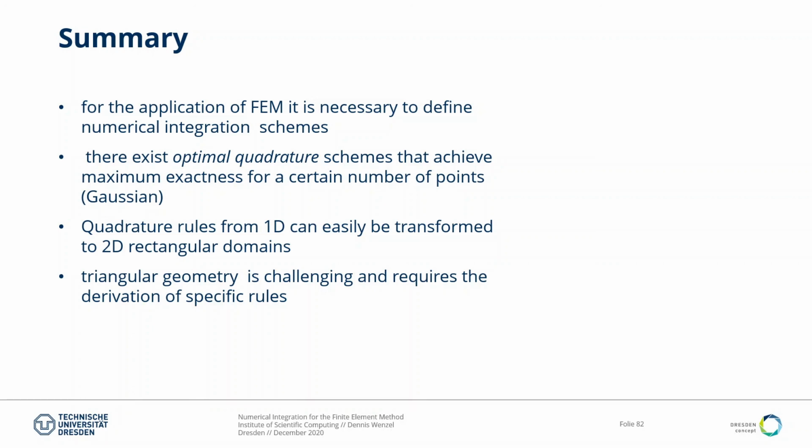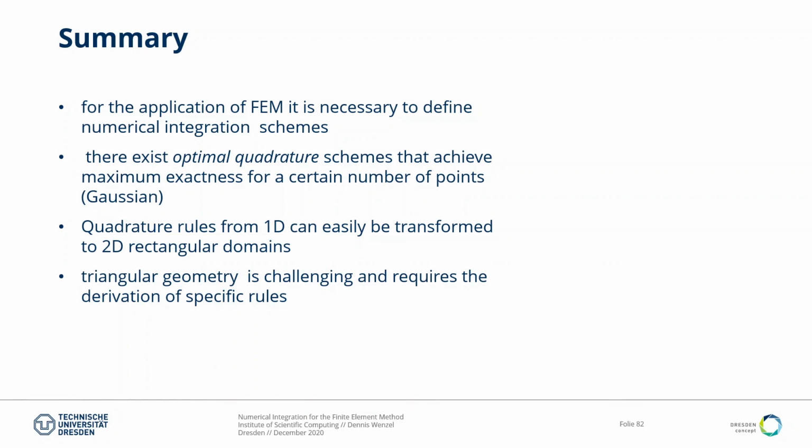There exist optimal quadrature schemes that get you the highest possible exactness for a certain number of points. Those are called the Gaussian Quadrature rules. They are usually defined in 1D, but they can easily be transformed into 2D on rectangular domains by simply combining them axis-wise. But for triangular geometry, it's not that simple because you can't just transform them.